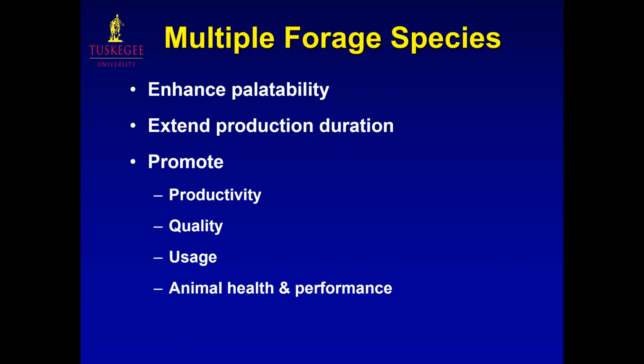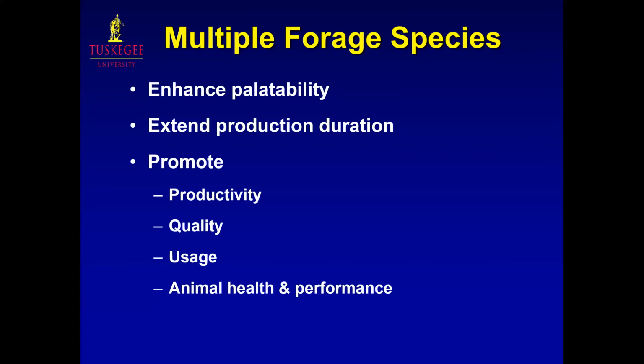There will also be an increased variety of forages. So animals will go and eat from the area where there is a desirable combination of forages rather than a monoculture. We have seen that in our behavior studies. And all of this will improve animal health and performance.